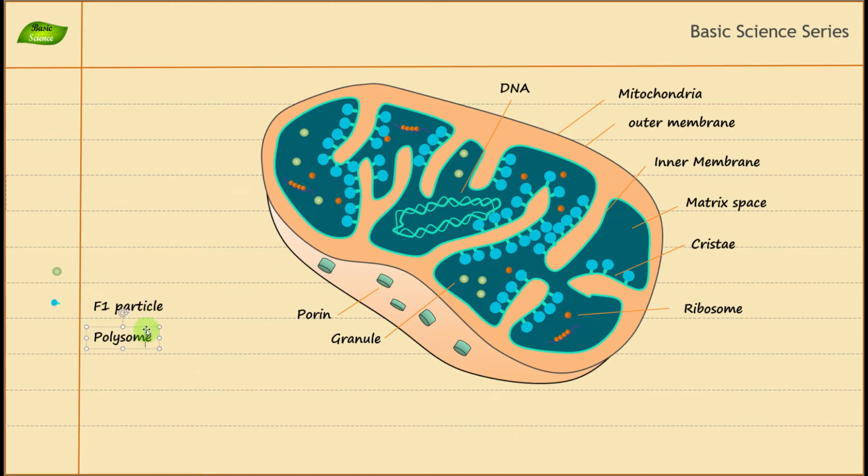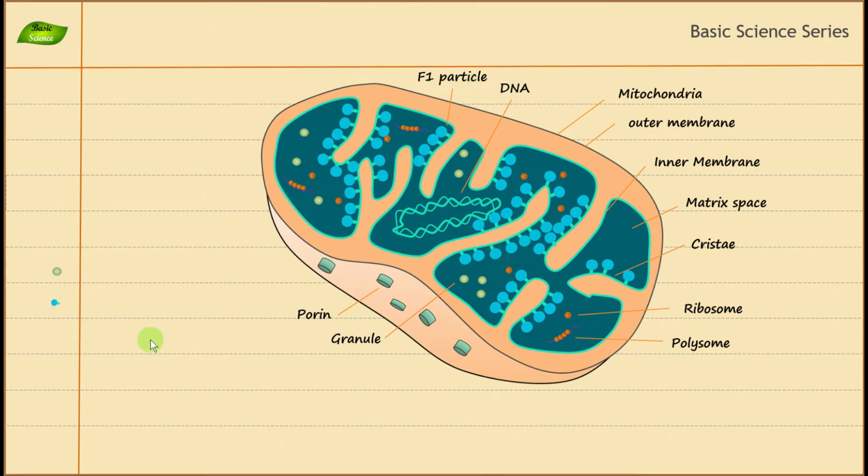So let me also label the polysome here. Now F1 particle, right? We have already discussed the F1 particle, blue colored tennis racket shaped particles. They are present on the cristae, which is the inner folding of the inner membrane.